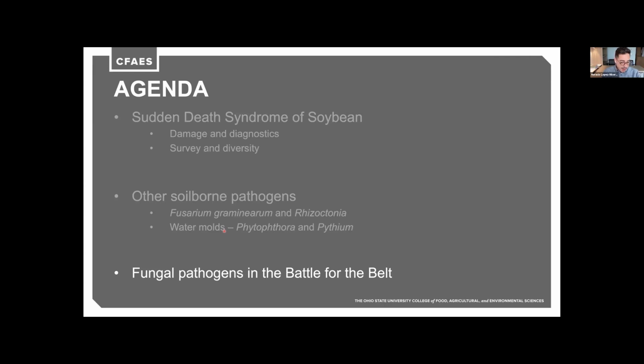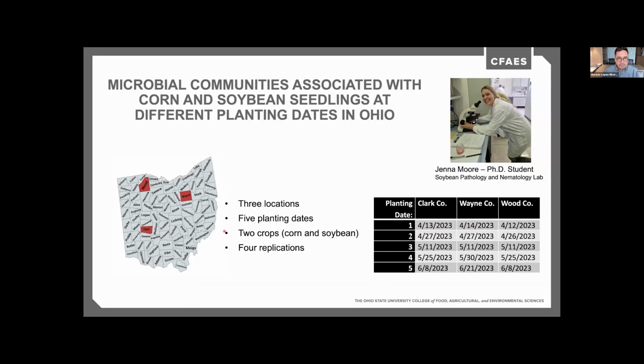And then finally, to wrap up here in the last minutes, I want to talk a little bit about the fungal pathogens that we are evaluating in the Battle for the Belt project that Laura and Osler are leading. And again, this is a massive work conducted by a PhD student in my lab, Jenna Moore, where we are leveraging these experimental designs, which is the Battle for the Belt.